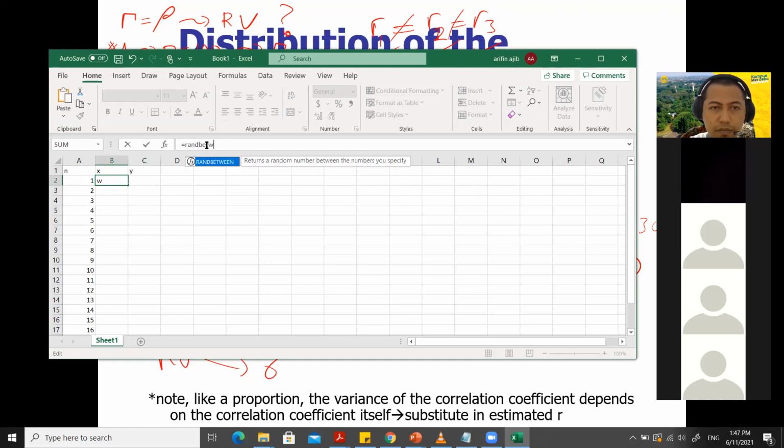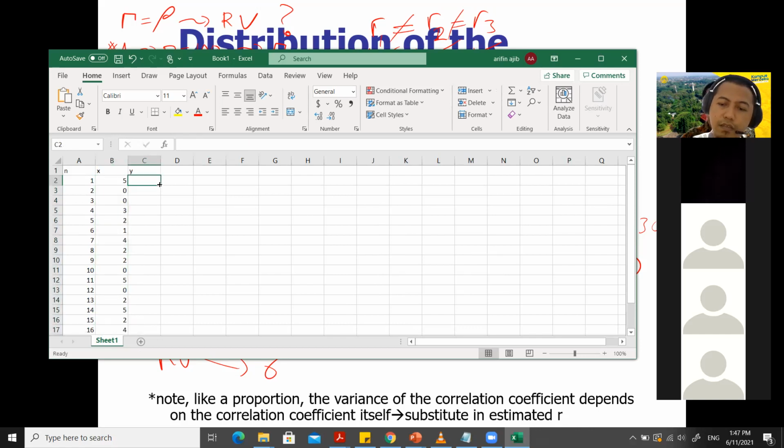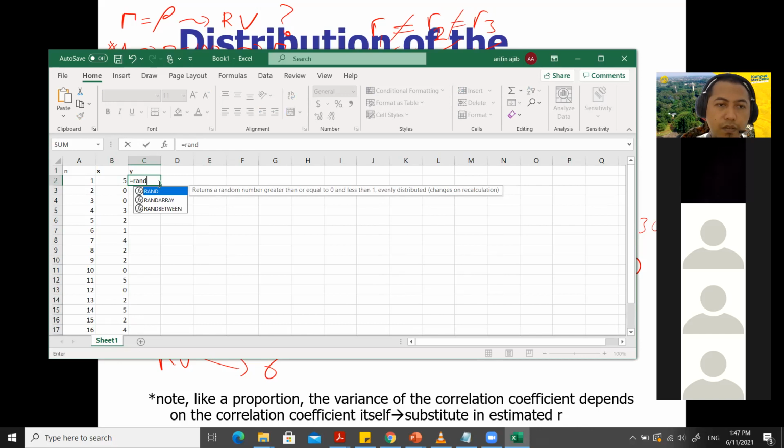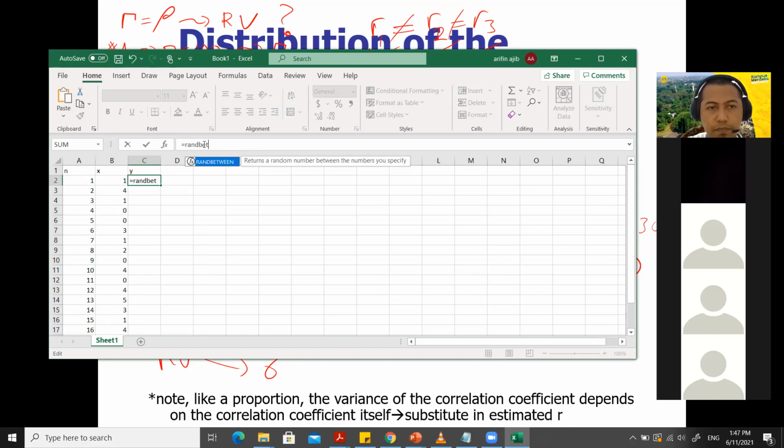Then between, let's say the bottom is 0 and the top is 5, and then you get this one. This is also random between, the bottom is 0, the top is 0.5.